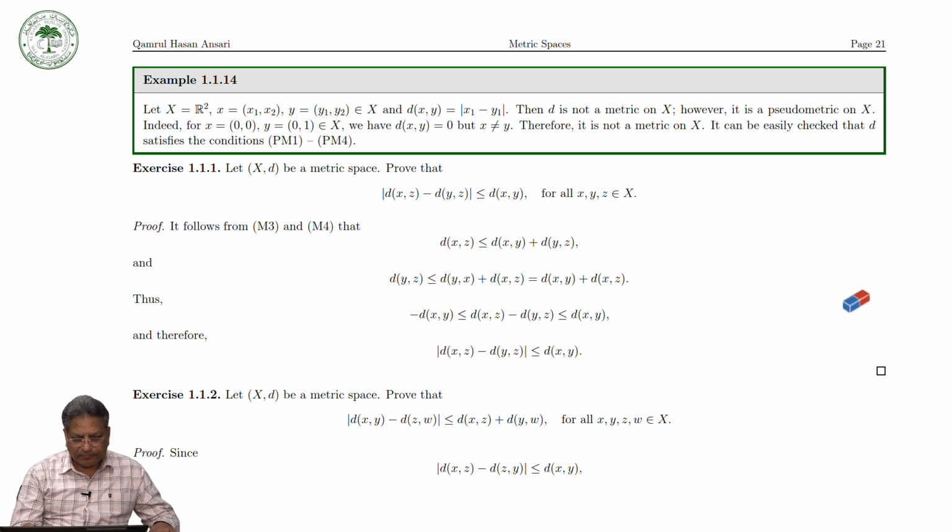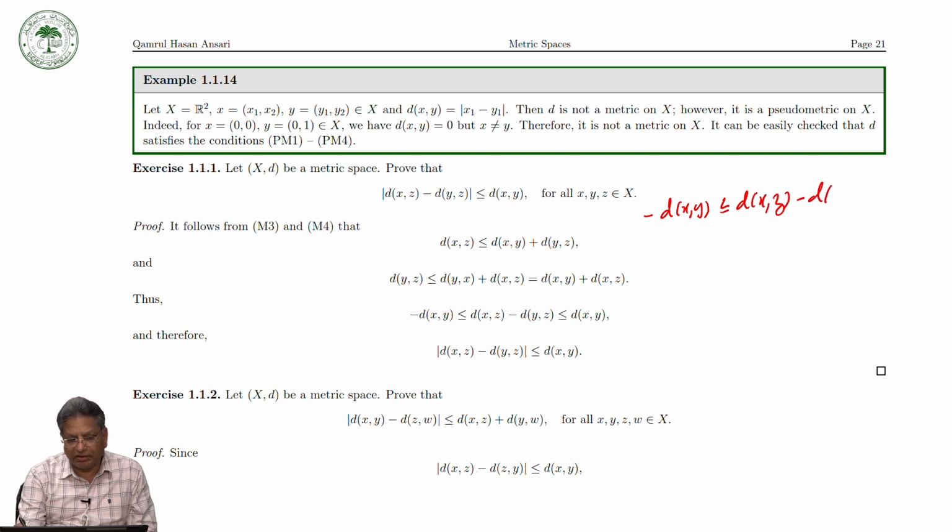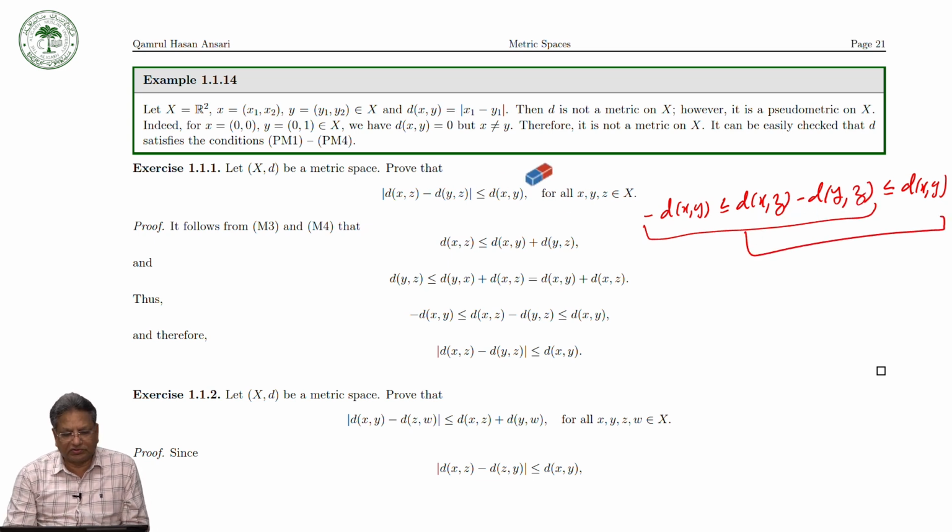Basically the meaning is that when you take the mod here, it is the same as saying that minus d(x,y) is less than or equal to d(x,z) minus d(y,z), which is less than or equal to d(x,y). So you prove one side, then the other side, and from there you will see this one.